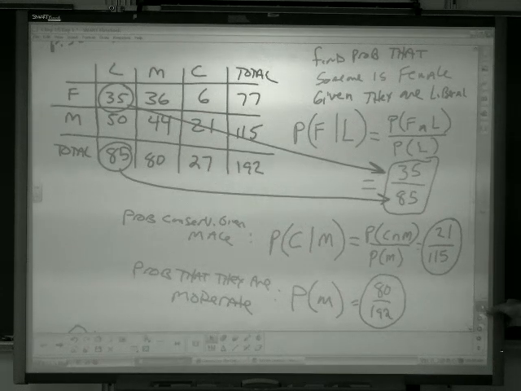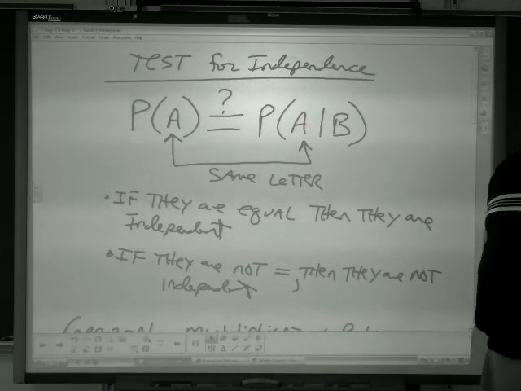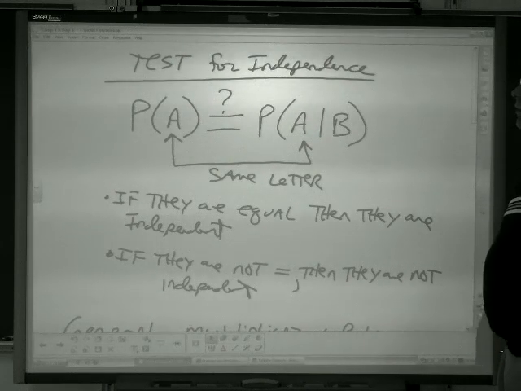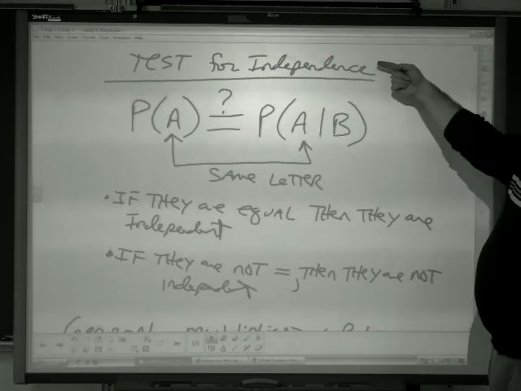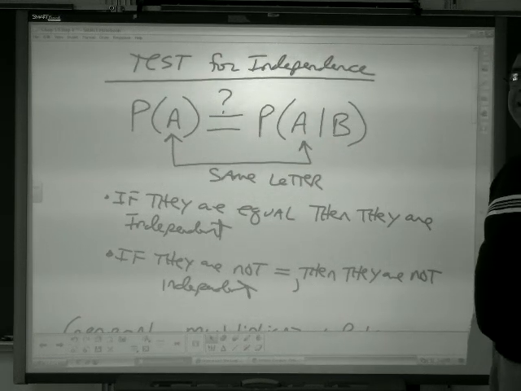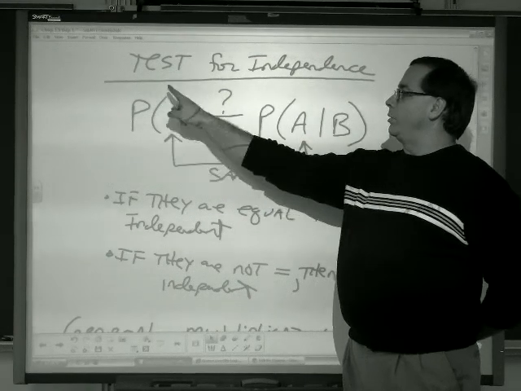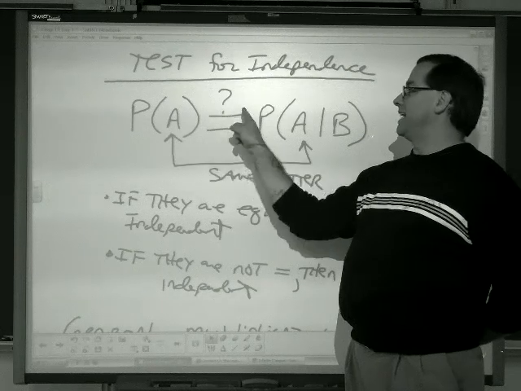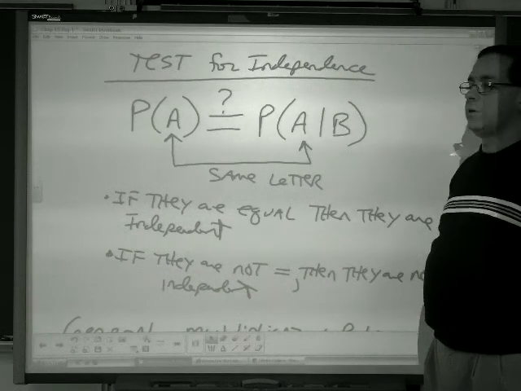Just like chapter 3, we can now test again for independence. I think you probably remember doing that. This is it symbolically. So again, we can check if two events are independent. And we ask ourselves the same question. Is the probability of A happening the same as A happening given B has happened?